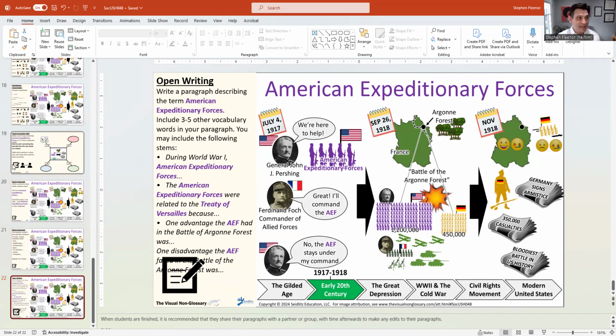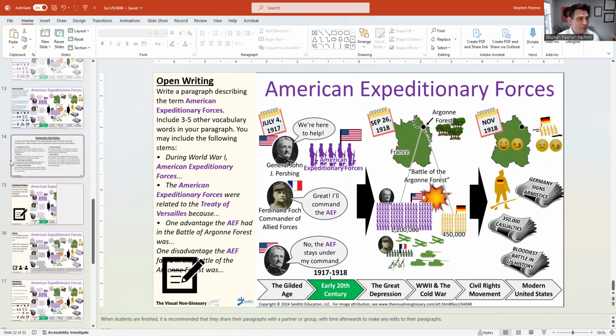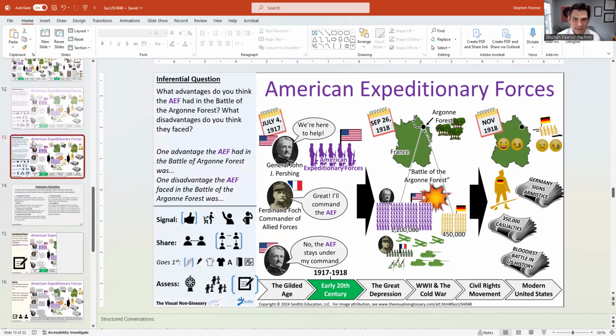So these extension activities and all of the structured conversations are designed to get students to be practicing using the word many times throughout the lesson, verbally in context, in small groups, and in the whole class setting. And the idea is that at the end of the lesson, or maybe several hours after the lesson, if someone asks the student, what did they learn about in their class today?